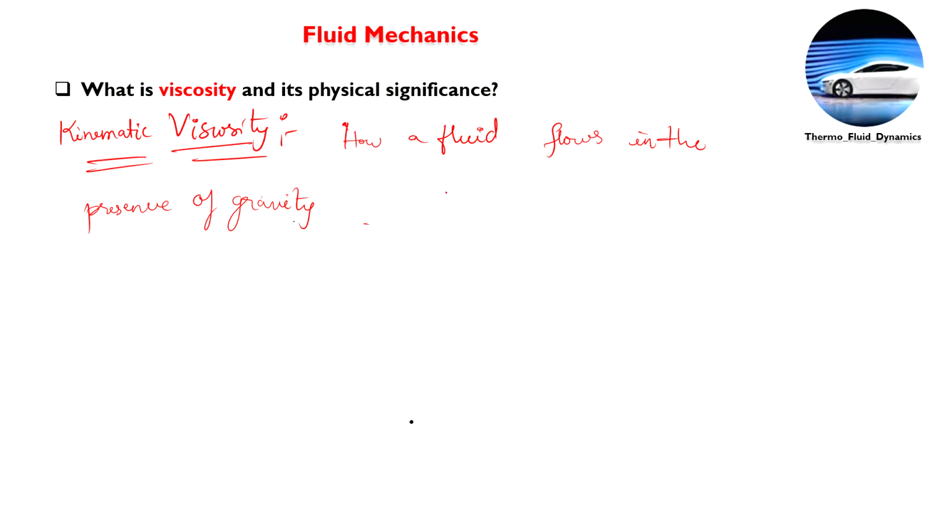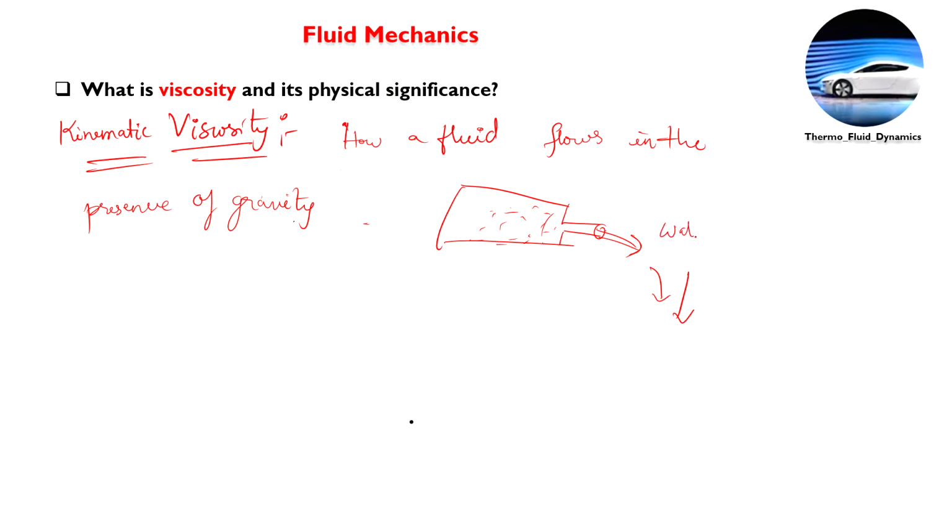For example, let us consider a bottle which has oil, and when you tilt the bottle, how the fluid flows, whether it flows faster or slower, due to the influence of gravity, is basically defined by the kinematic viscosity.